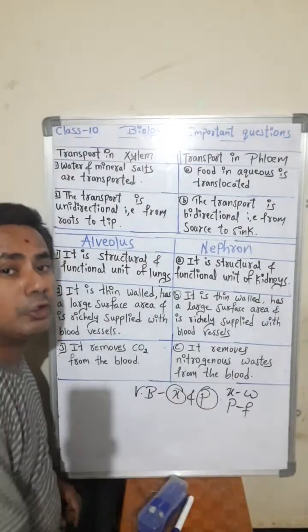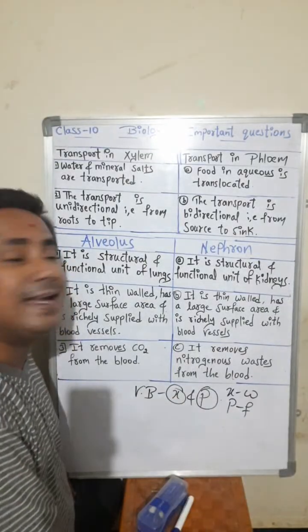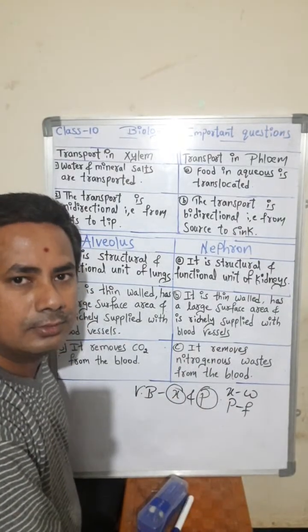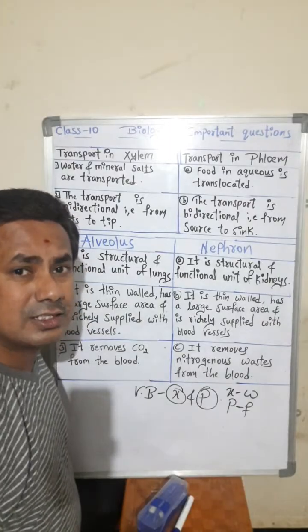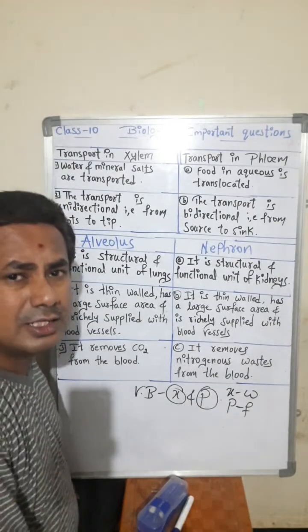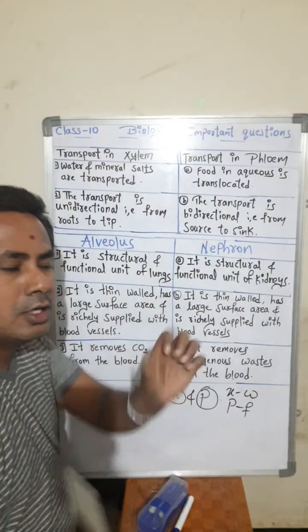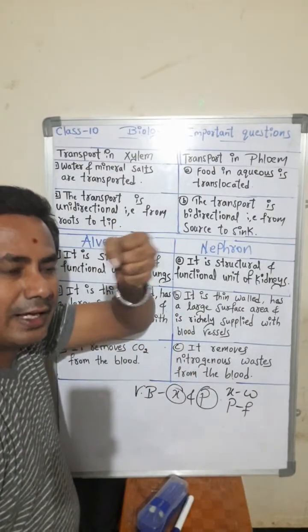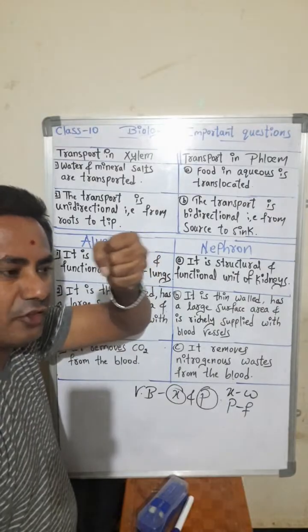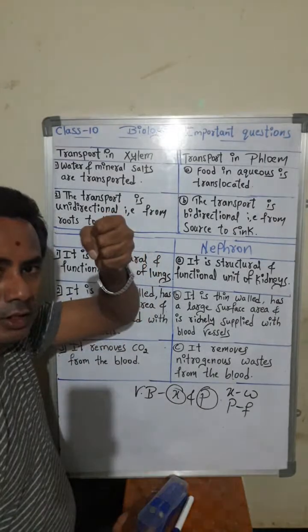Another important question: difference between alveolus and nephron. Alveolus, where have you heard this one? In the respiratory system, inside the lungs, like a bunch of grapes, in a group.